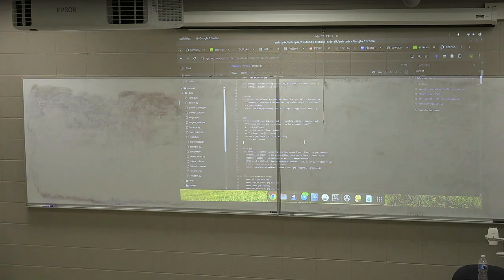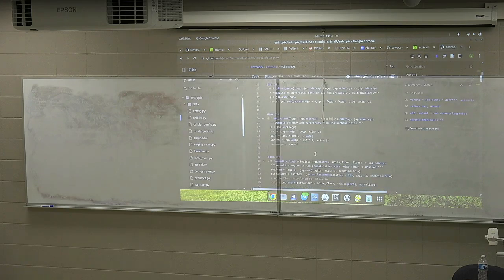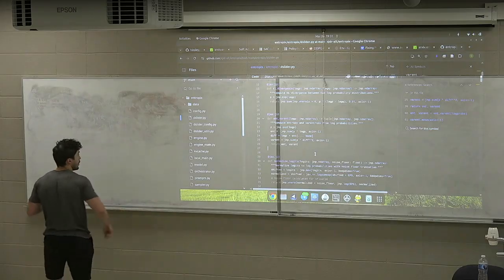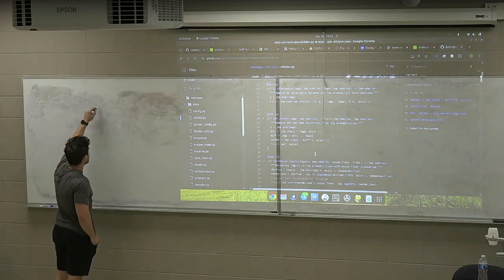So this entropics thing is really simple. Maximize it. P equals the probability distribution.